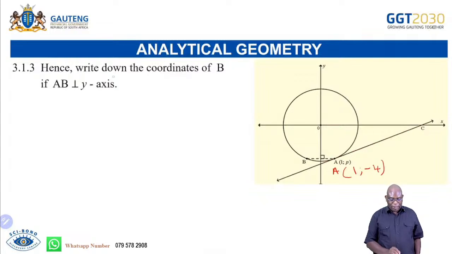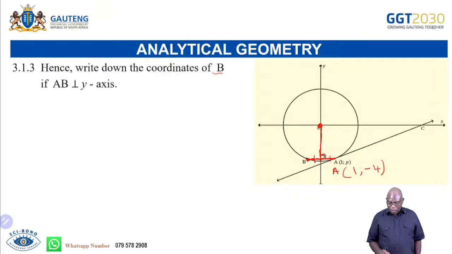Now they say, hence, write down the coordinates of B if AB. You see that line AB? So in grade 11, you have done this theorem: the line from the center of the circle perpendicular to the chord bisects the chord. Obviously, if it bisects, it means that the distance from here to there must be the same as the distance from here to there.